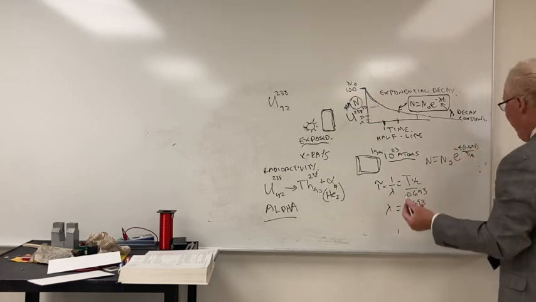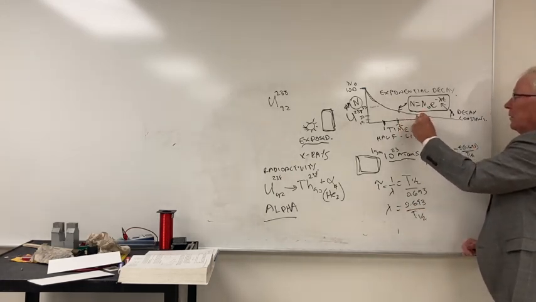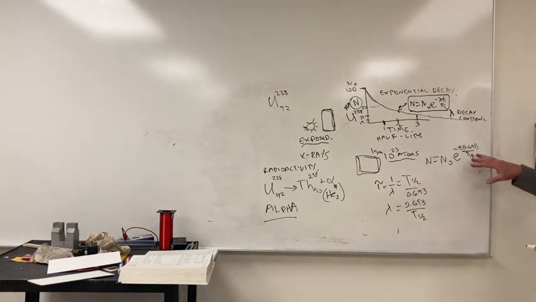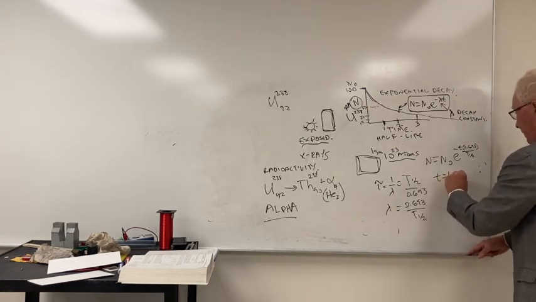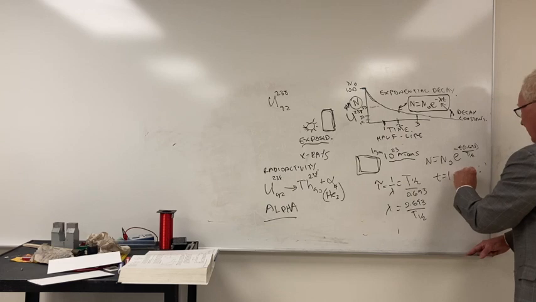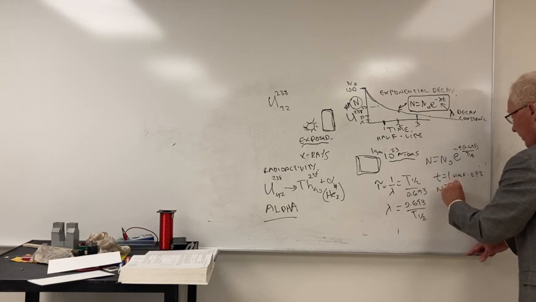So in terms of half-lives, meaning 1, 2, 3, this will get you, so after 1 half-life, so when t equals 1 half-life, then N will be N naught times a half.